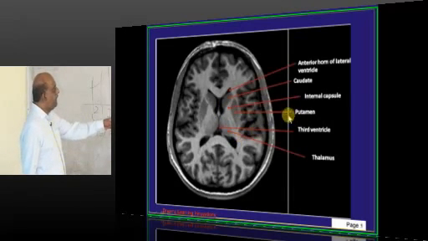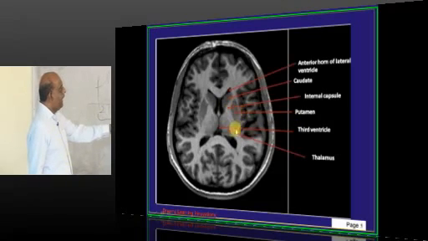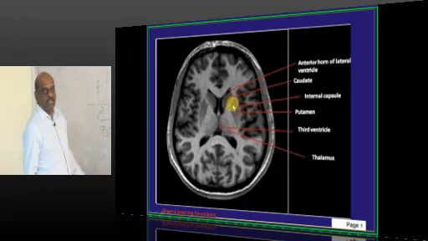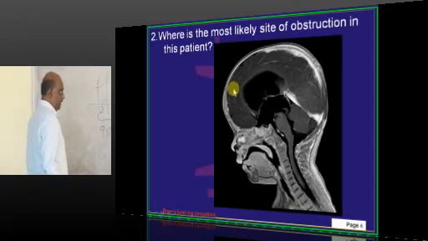Then there is a putamen, you can see, and there is a third ventricle and thalamus. The internal capsule is like a ribbon, a strip. On one side, medially, you have thalamus and on the other side you have got putamen. So that's a point of interest.